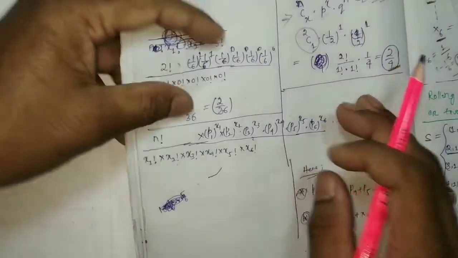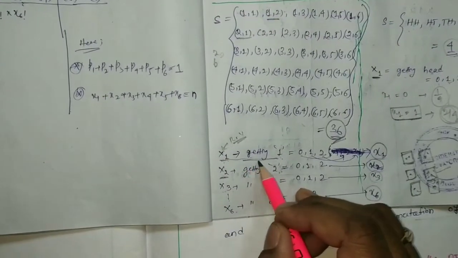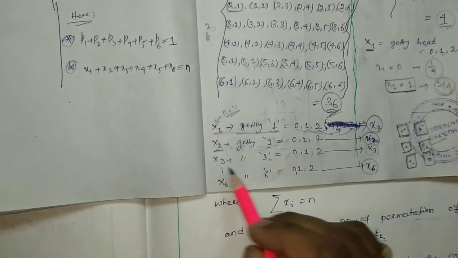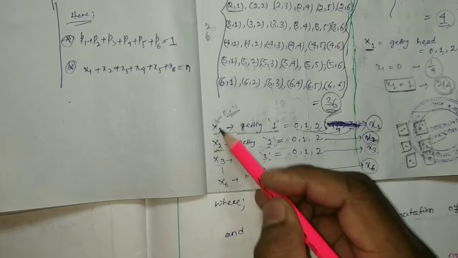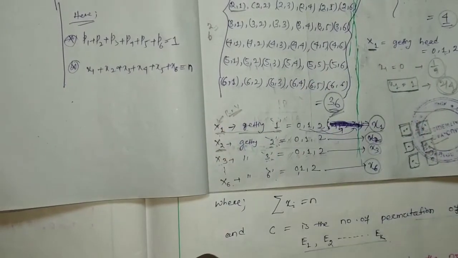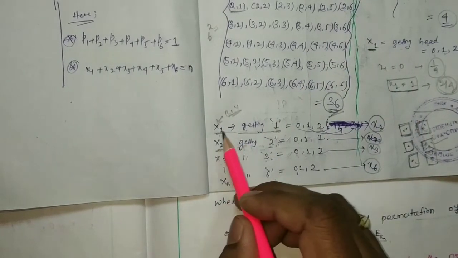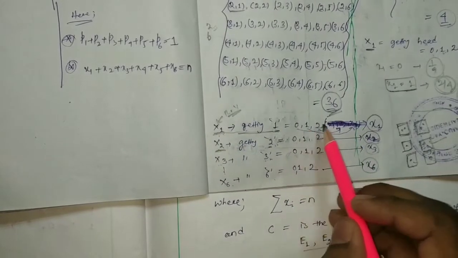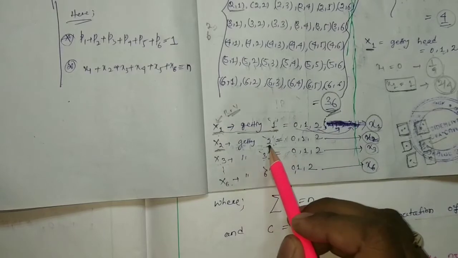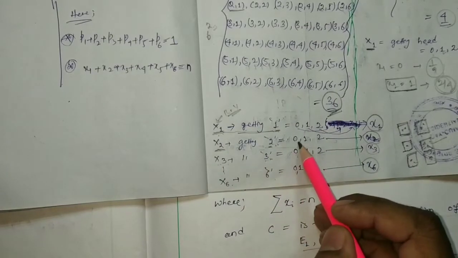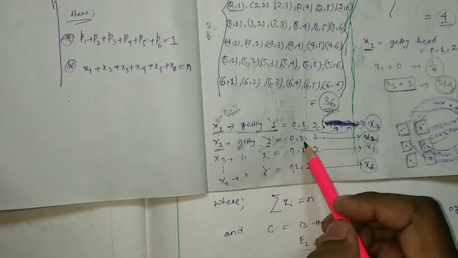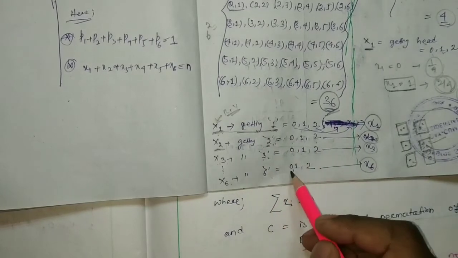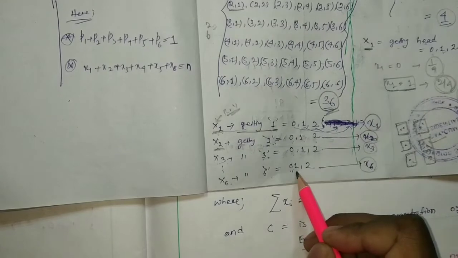So here x1 represents getting 1, x2 is another random variable, x3 is the random variable for getting 3. So we have 6 random variables. Each random variable has the values 0, 1 or 2. For getting 2 also, 0, 1, 2, that means we can get 0 times 2, 1 time 2 or 2 times 2; likewise 0 times 6, 1 time 6, 2 times 6.